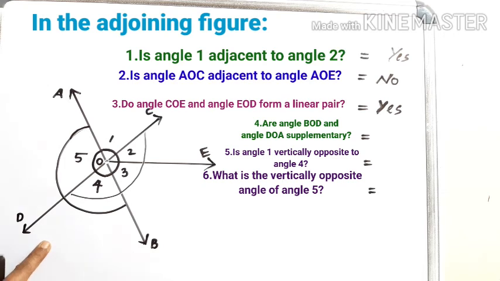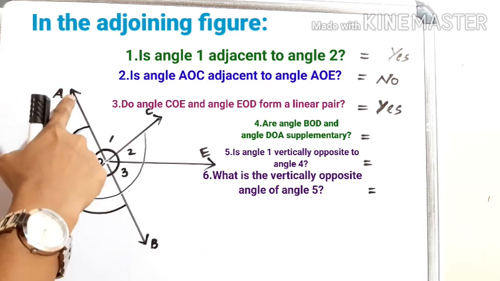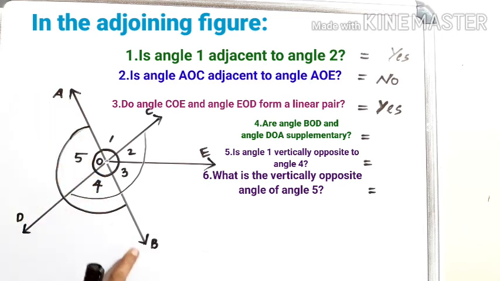Then the sum of these two angles becomes 180 degrees. If the sum of these two angles is 180 degrees, we can call angle AOD and angle BOD supplementary angles.